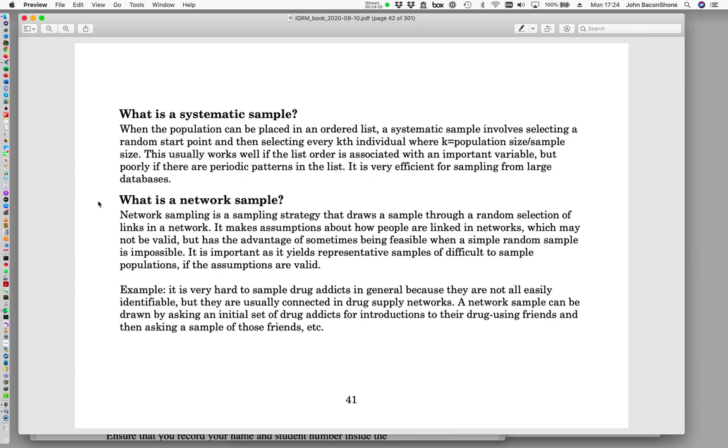But the idea is sometimes a simple random sample is not possible. So this is a way of trying to draw a sample, particularly of very special groups, where they're connected up in some way. So this is important because a network sample yields representative samples of difficult to sample populations if the assumptions are valid.